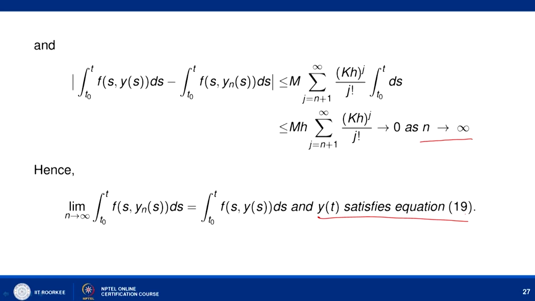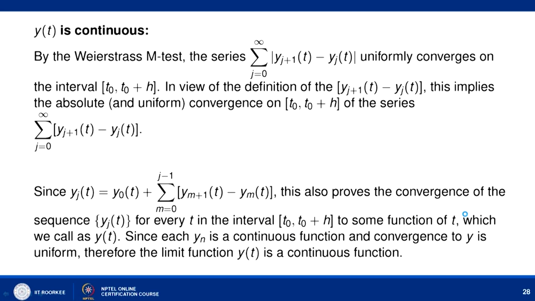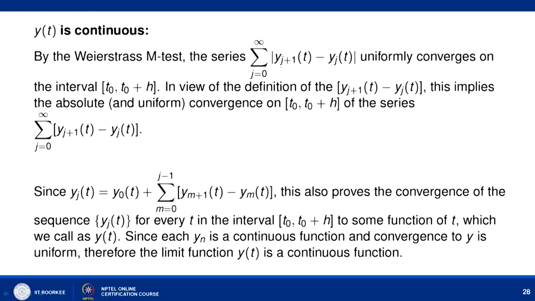Now, we want to show that yt is a continuous function. We can achieve this by the Weierstrass test. In fact, while proving the convergence part, we observed that the series sum over j from 0 to infinity of yj plus 1 t minus yjt is a uniformly convergent series in the interval t naught to t naught plus h. How can we say that? In view of the definition of yj plus 1 t minus yjt, this implies the absolute convergence on t naught to t naught plus h of the following series.